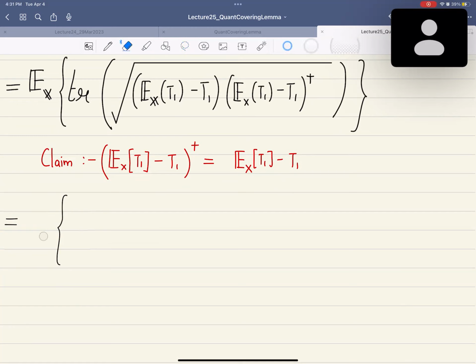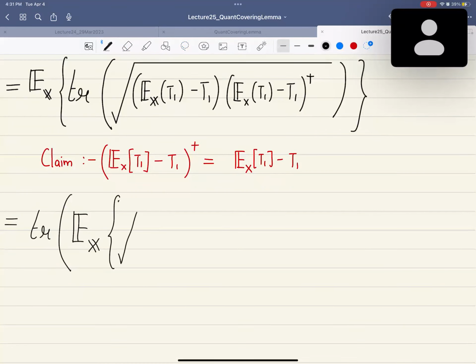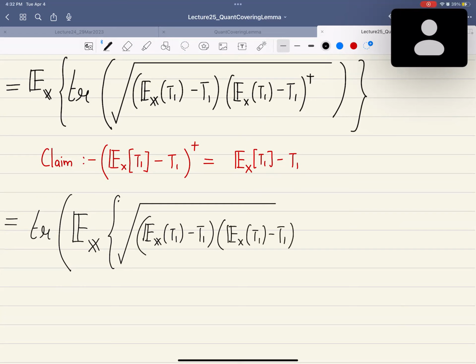Let me see if I need that claim. I don't know why I wrote it. Okay, so trace and expectation commute because trace is linear.